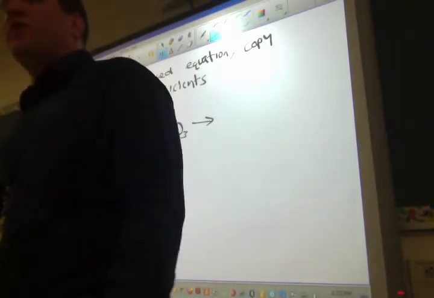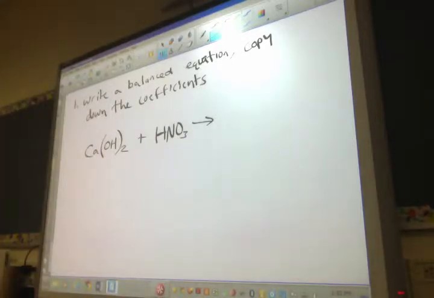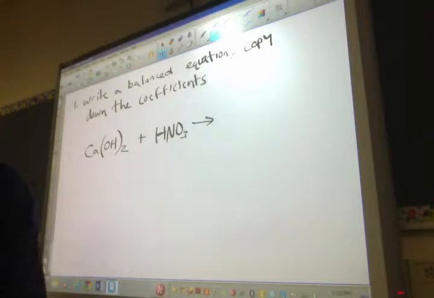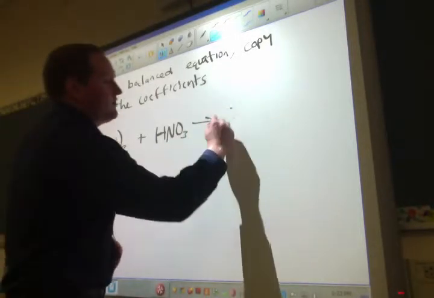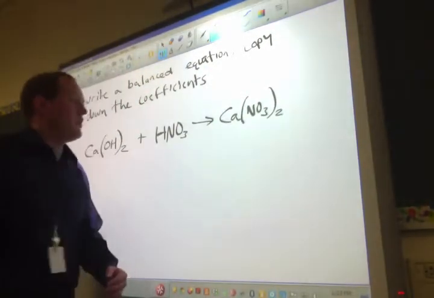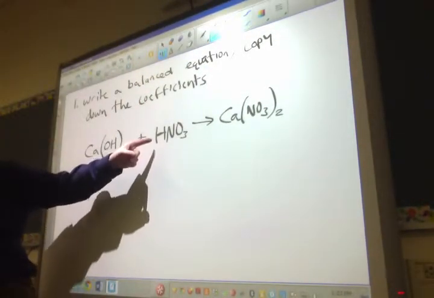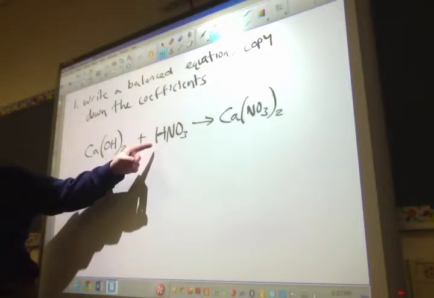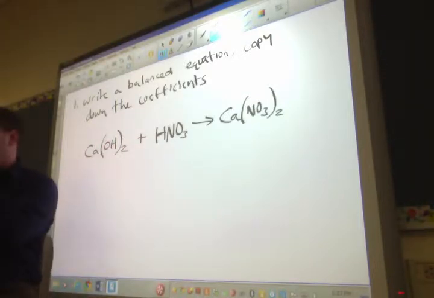What type of reaction are we looking at here? Very good. So what's my calcium going to mix with? Right, so we're going to get calcium nitrate, Ca(NO3)2. What's my H going to match with? OH, so I'm going to get HOH, also known as water.